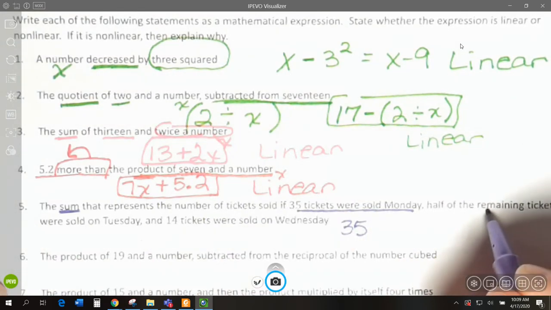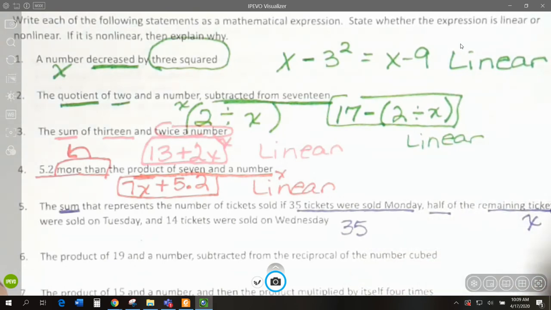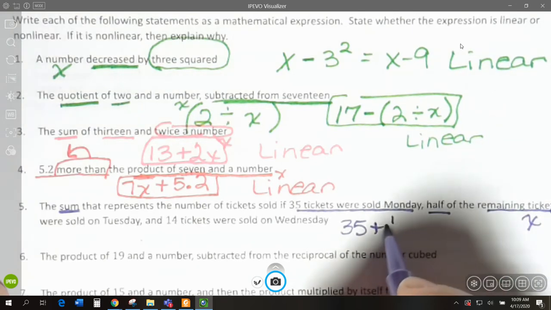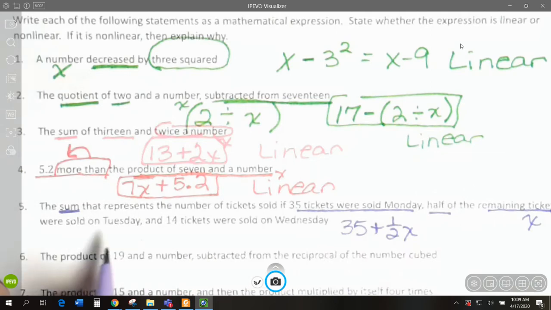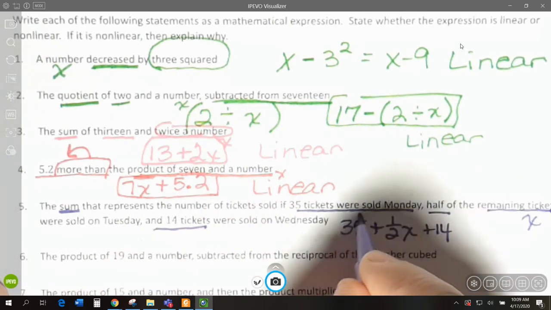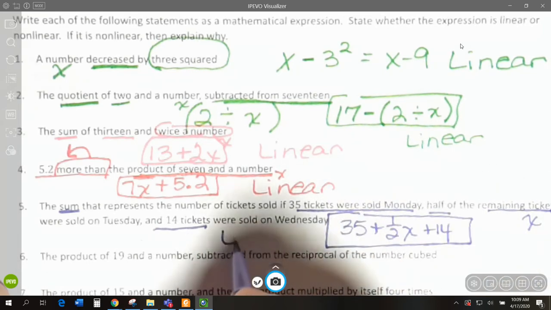Do we know the remaining tickets? No, so we're going to call that x, and we want half of x. So to get half of x, we multiply it by half, so it's plus 1/2 x, and 14 on Wednesday. 35 plus 1/2 x plus 14, and this would be linear.